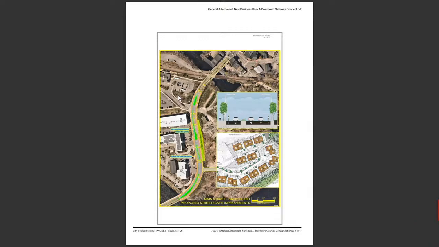So slowing people down coming down that hill before they get to a traffic signal involves creating some narrower lanes, putting in some landscaped islands. We'd like to repurpose, from the discussions between staff, planning board, and the developer, an offsite improvement condition of building a sidewalk on the east side of Main Street.